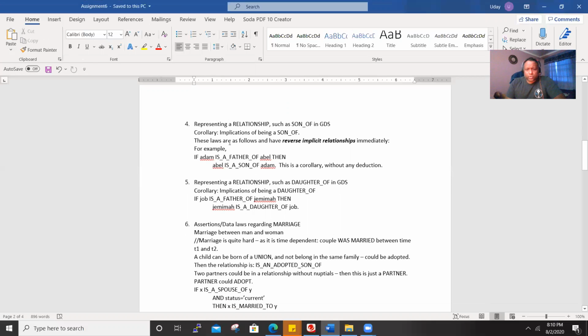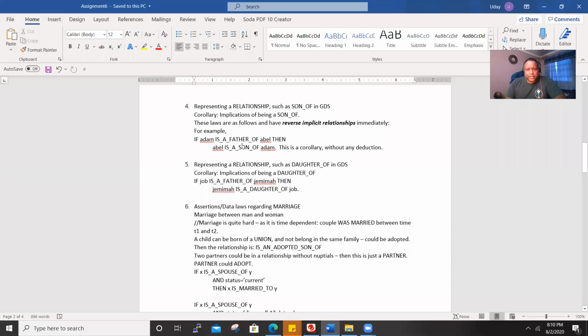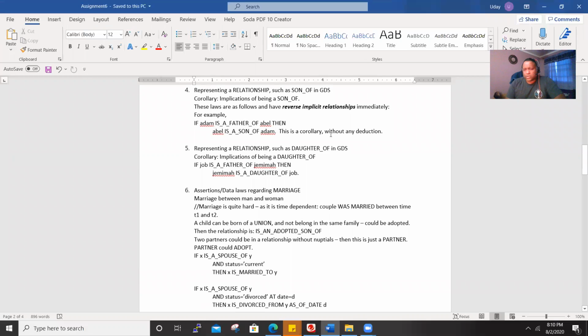So this we call a corollary. It's just an implicit inference. So if Adam is a father of Abel, then Abel is a son of Adam. This is a corollary. There's no deduction required. It's a known fact. You can immediately write it. And let's say for a daughter of Job, if Job is a father of Jemima, then Jemima is the daughter of Job.